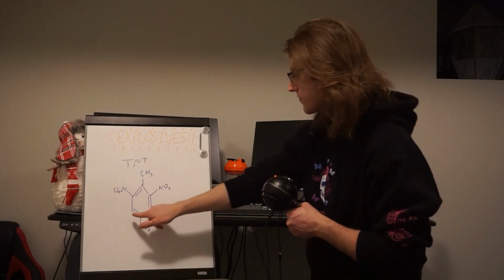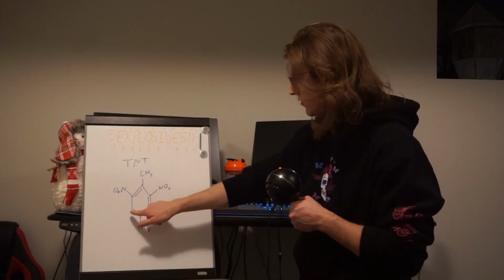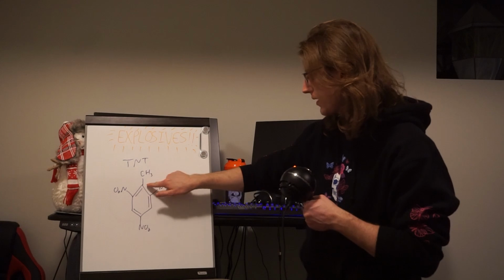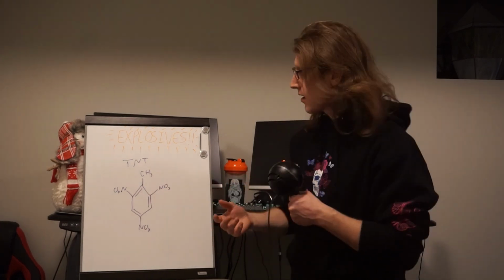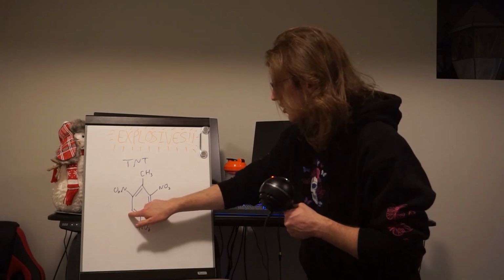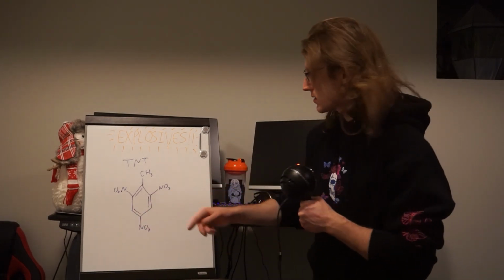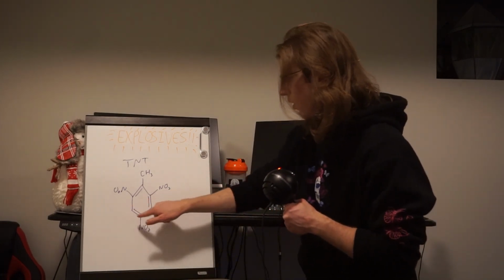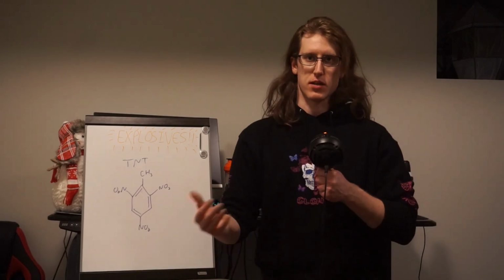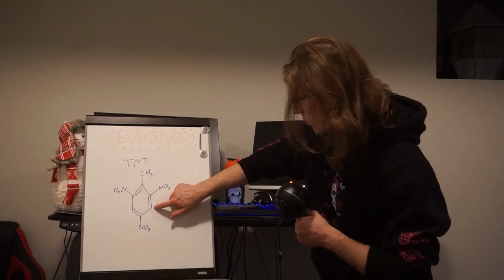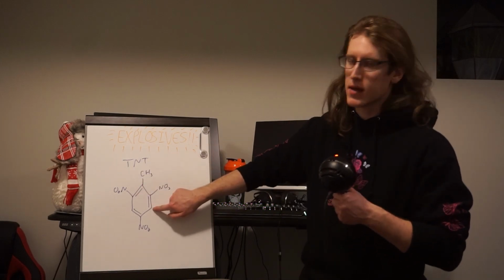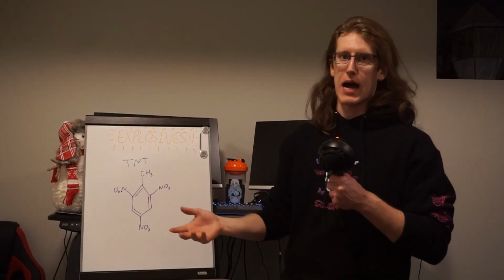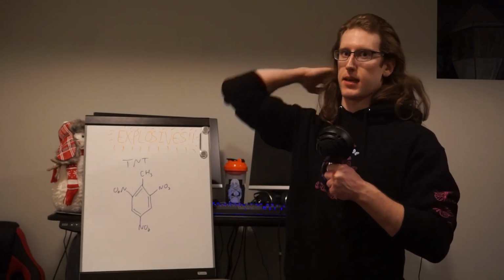If you don't see a letter, it's a carbon, every single joint is a single carbon atom. Each carbon atom has 4 bonds, so if you don't see a bond, there's an extra bond to a hydrogen that's not being shown. Like for example, in this corner, there's 1, 2, and 3 bonds on that carbon atom. There's a 4th one to a hydrogen that's not shown for simplicity's sake.